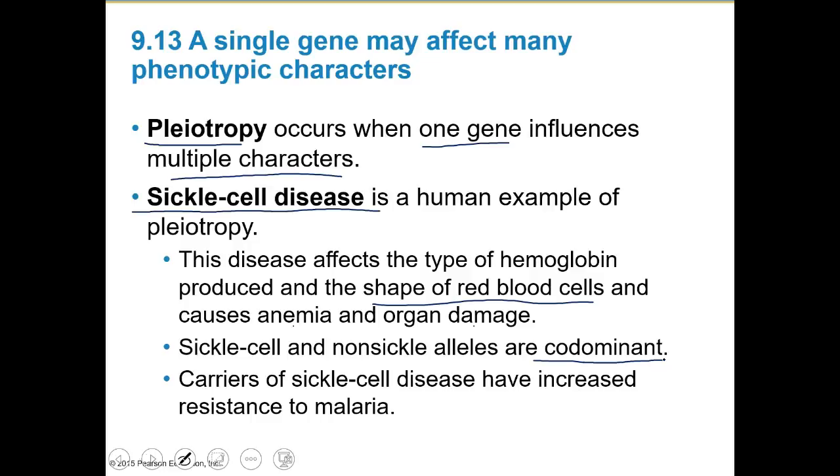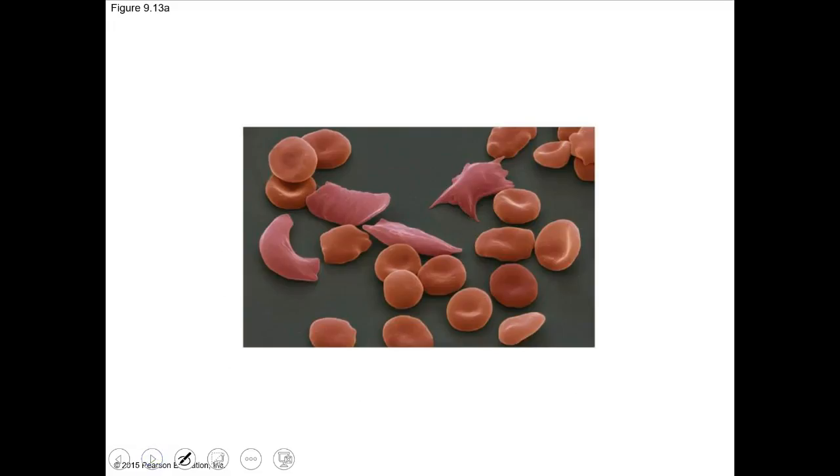It appears both. Carriers of sickle cell disease have increased resistance to malaria. This is one of the reasons that evolutionarily sickle cell persists, specifically in Africa and malaria-carrying countries with relatively little health care, because it actually helps to fight off malaria.